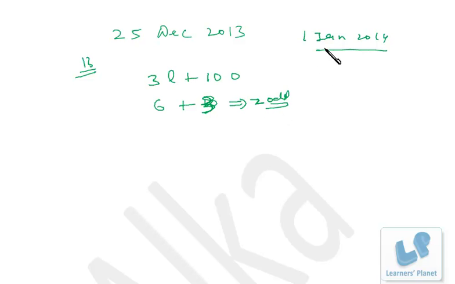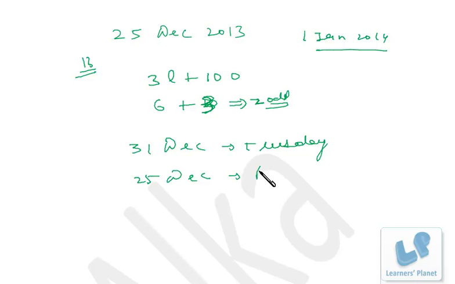For 1st January, if we calculate, it will be 2 plus 1, 3 odd days, that means 1st January 2014 is Wednesday. Here 31st December is Tuesday. Now this is 25th December. So if 31st is Tuesday, 24th will be Tuesday, so 25th will be Wednesday. Simply we have calculated that.